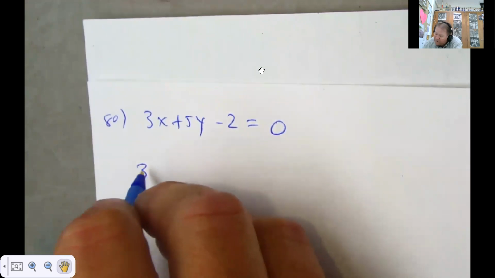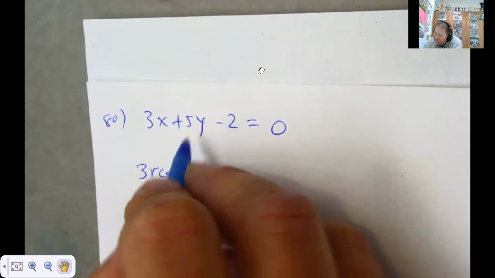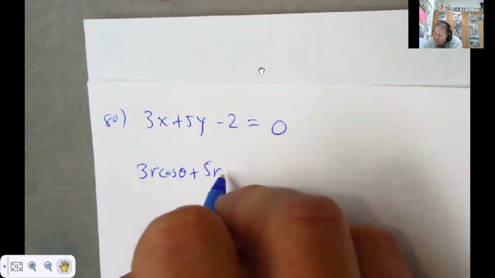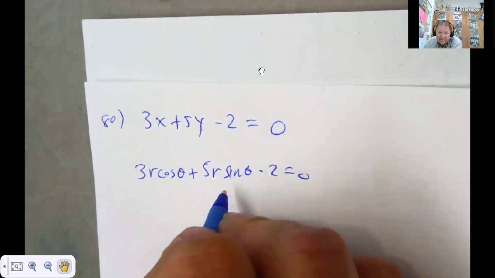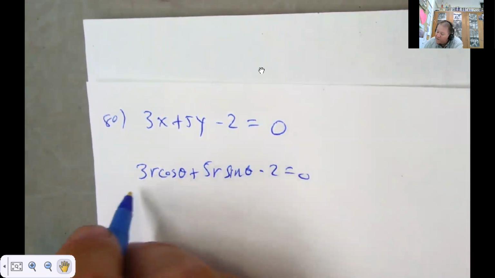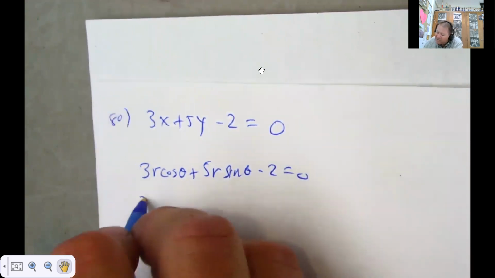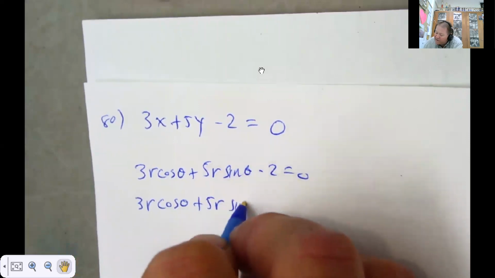This would be 3 times r cosine of theta. And y is equal to r sine of theta. Yeah, I think I know what it is. Add a 2 to both sides. 3r cosine of theta plus 5r sine of theta equals 2.